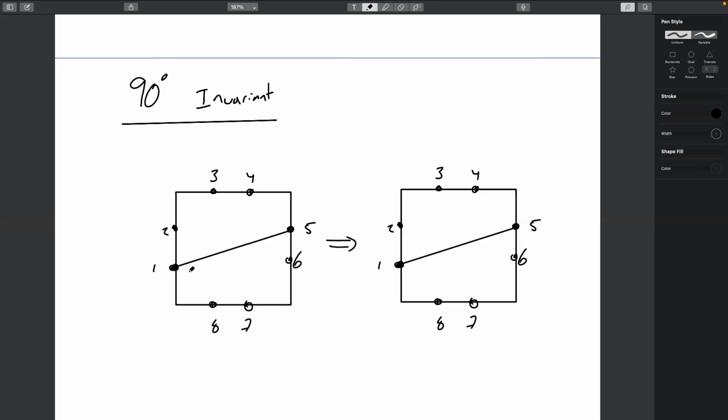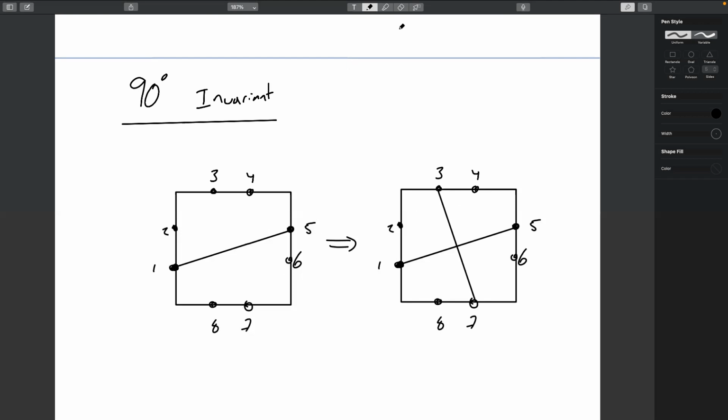Imagine taking this thing and rotating it 90. What has to connect to what? Ty? 2 has to connect to 6. I don't think 2 necessarily has to connect to 6. That would be as if it were a reflection, but I'm rotating it 90. Yeah. 3 has to connect to 7.